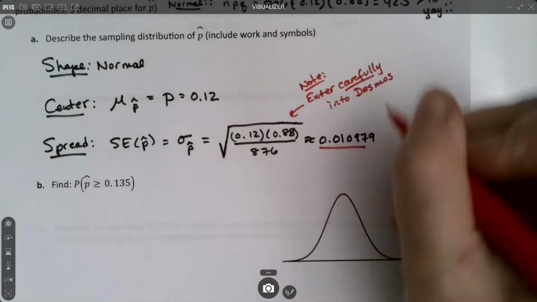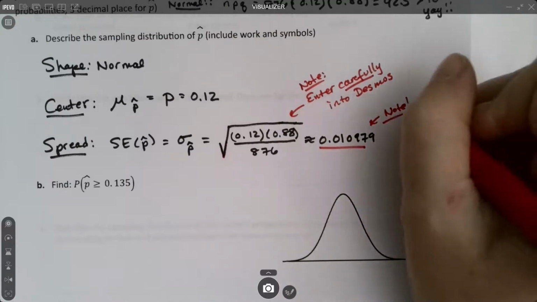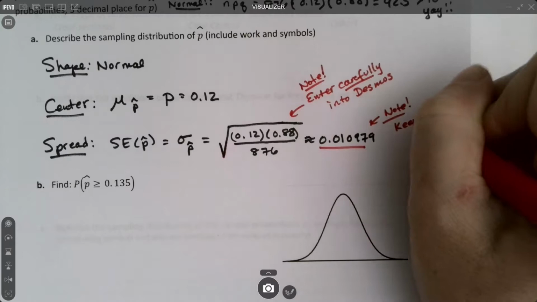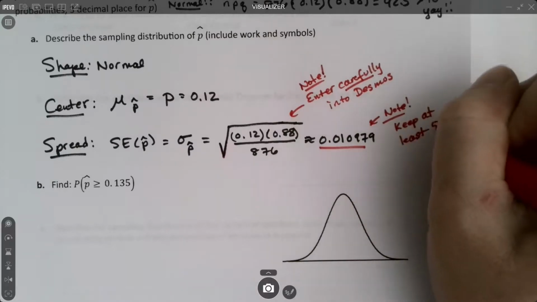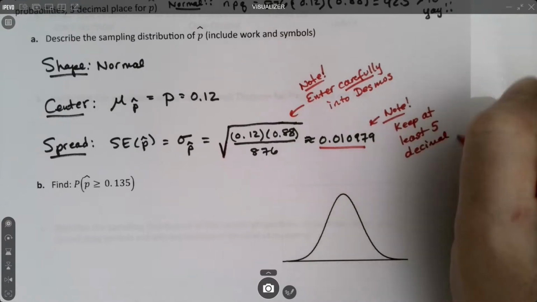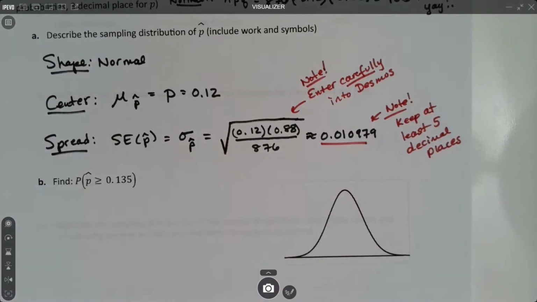The second note is keep a lot of decimal places. Usually at least 5 or 6. If I want more than 5 or 6, I'll tell you. Or if I want 6, I'll tell you. But you have to keep a lot of them in order to keep your accuracy up for later on.